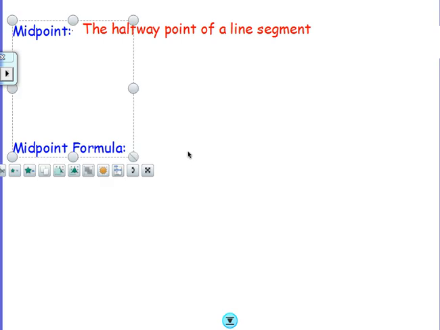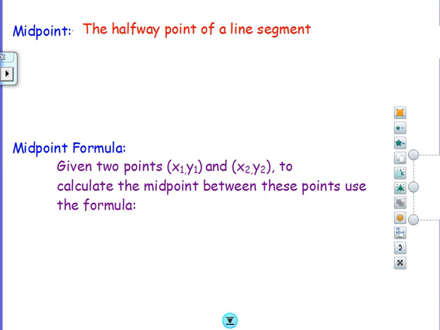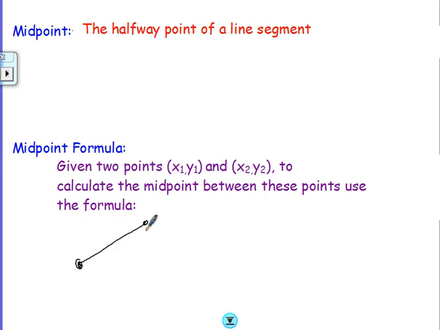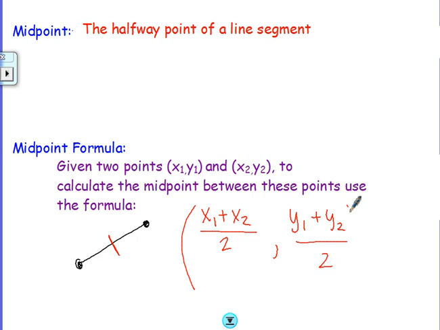To find the midpoint, if you have 2 points again, because you have an end point here, and you have an end point here, and I want the halfway point, all you have to do is take your x's and add them together and cut them in half, and then take your y's, add them together and cut them in half. Okay, this is your midpoint formula. So each x, add them together, divide them by 2. Each y, add them together and divide them by 2.